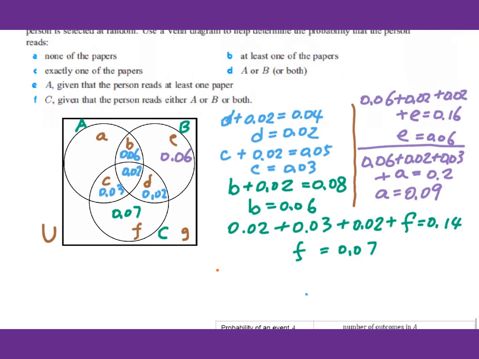Therefore, G equals 1 minus all of these numbers. For G, altogether, 1 minus 0.2 minus 0.06 minus 0.02 minus 0.07 equals 0.65.